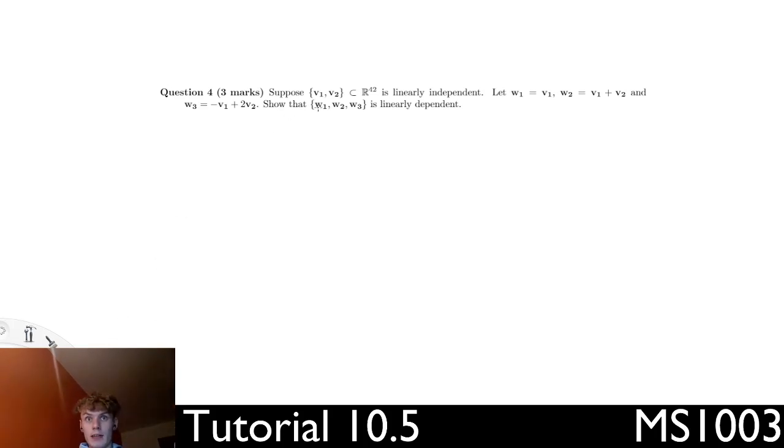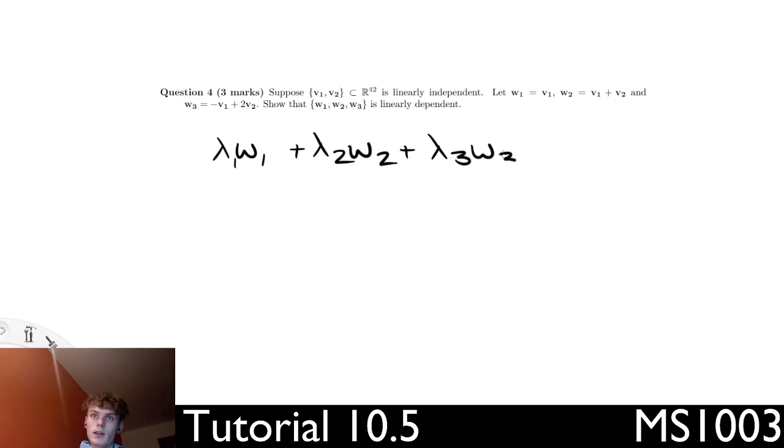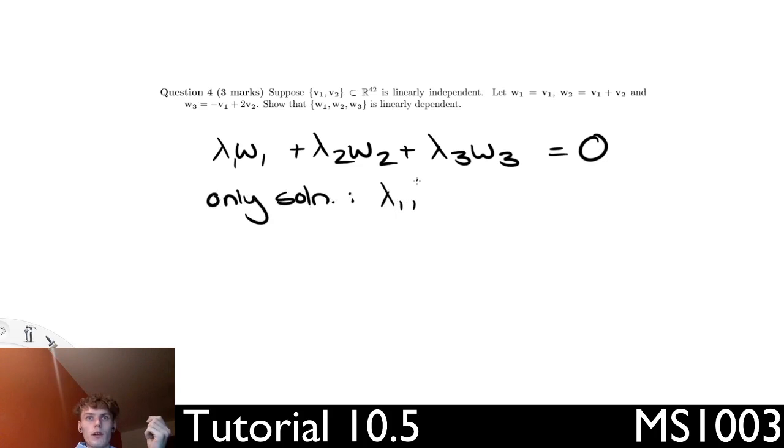In the sample exam, you show that the only solution to this equation is that lambda 1, lambda 2, and lambda 3 are all 0.